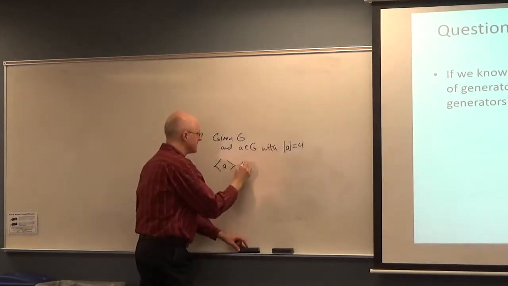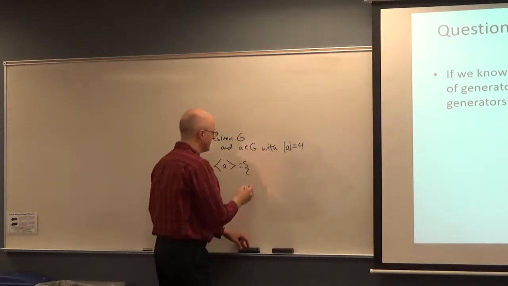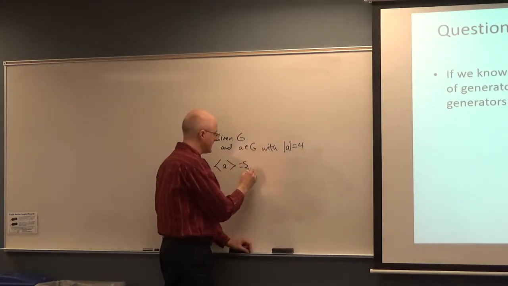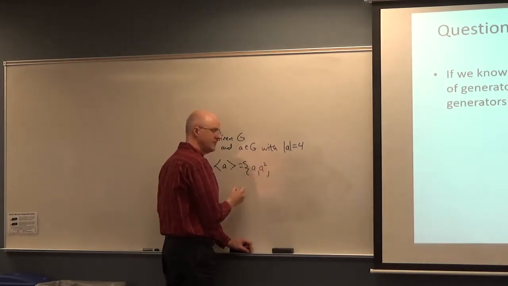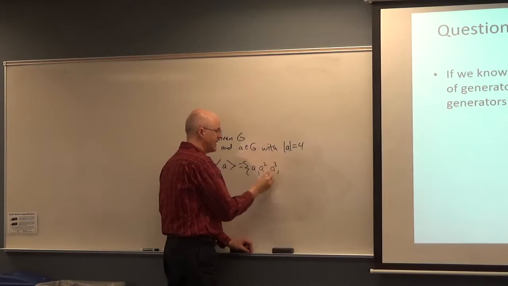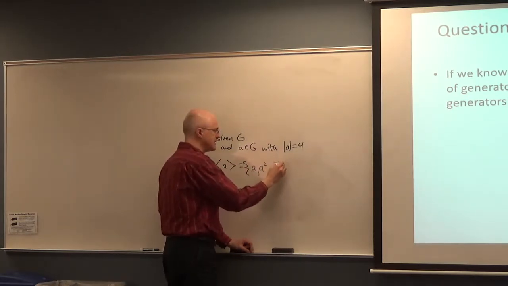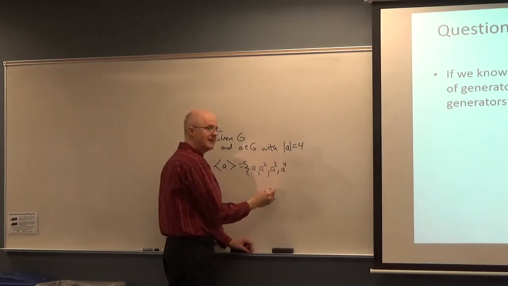The cyclic subgroup generated by that element, so only think about positive powers first here, would consist of A to the first, A squared, A cubed, and then A to the 4th equals E.